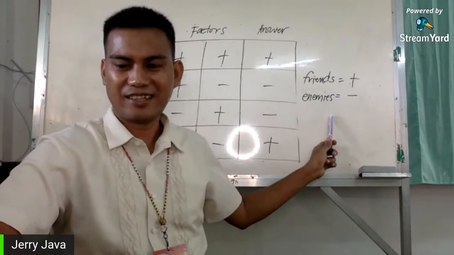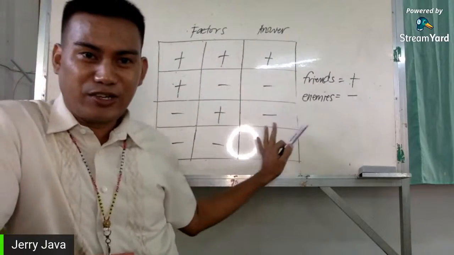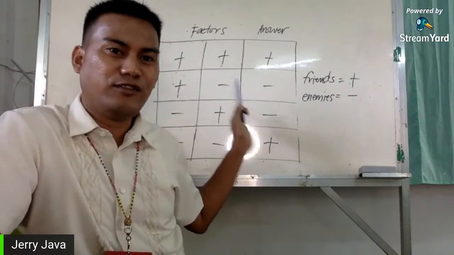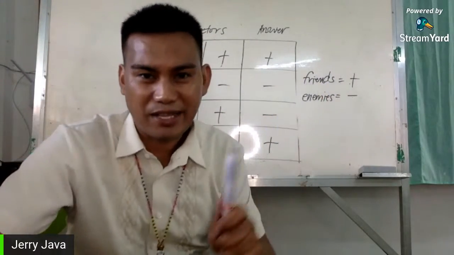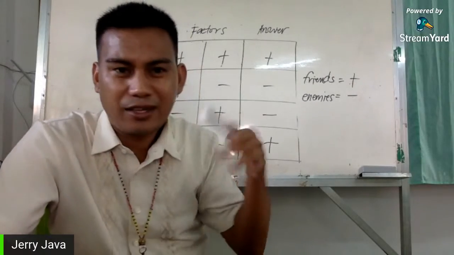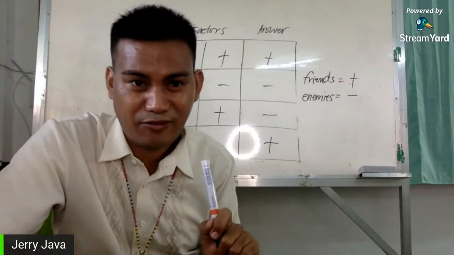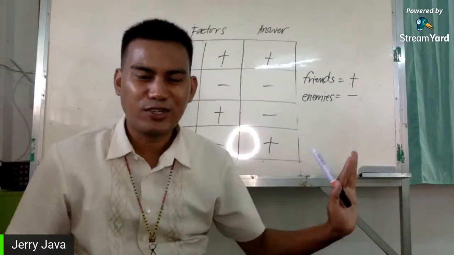Again, consider this because we will apply it now to multiplication and division of integers. Friends, positive. Agree? Friends are positive. They give something good to our lives. Enemies are negative. They do no good to us.